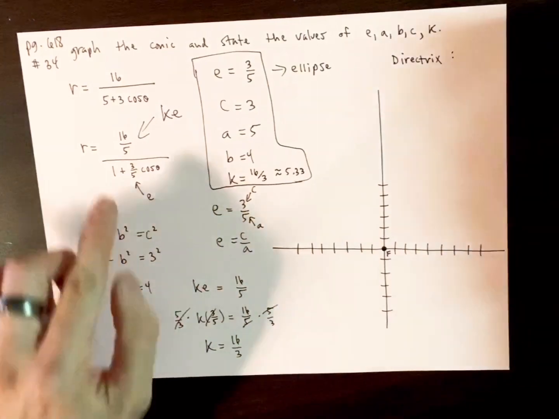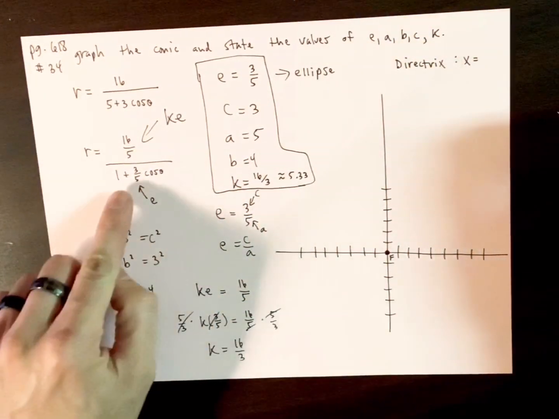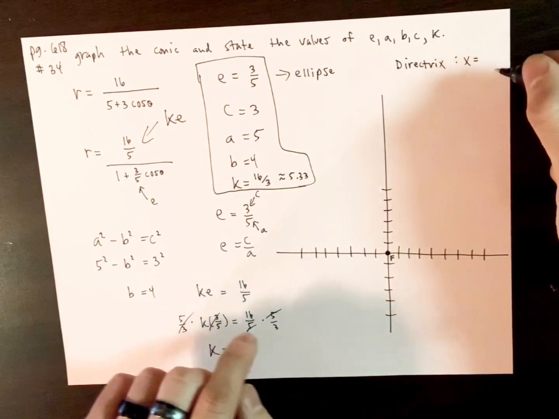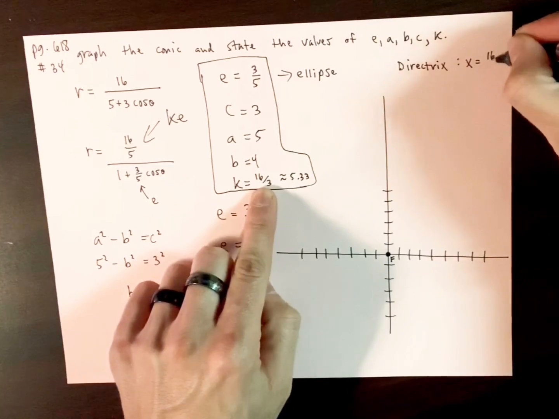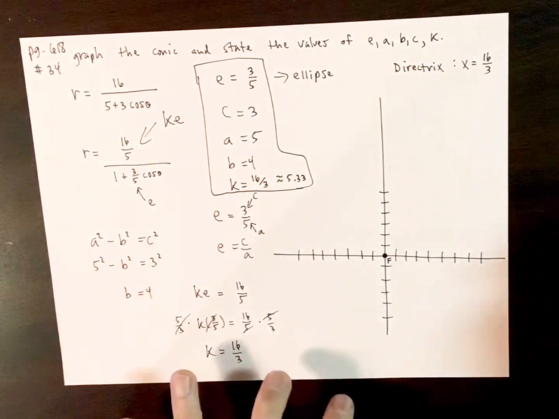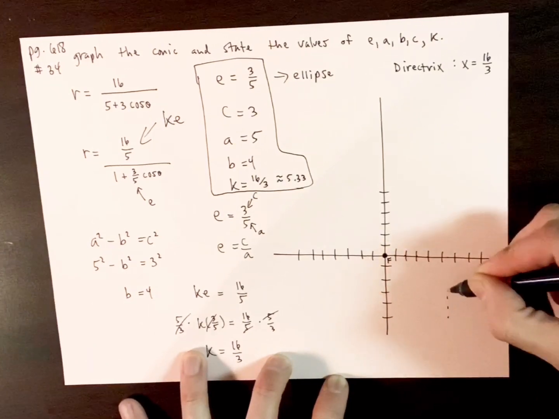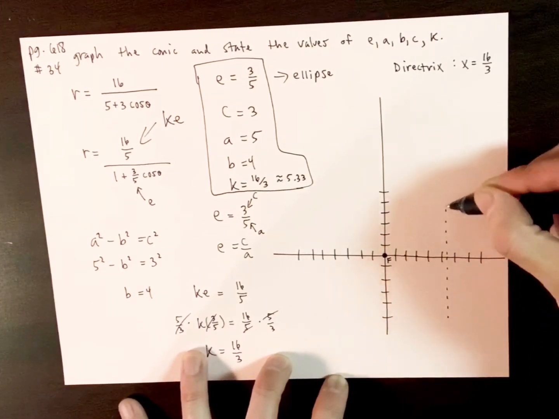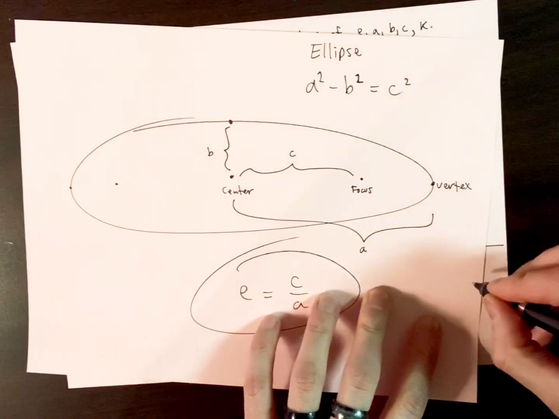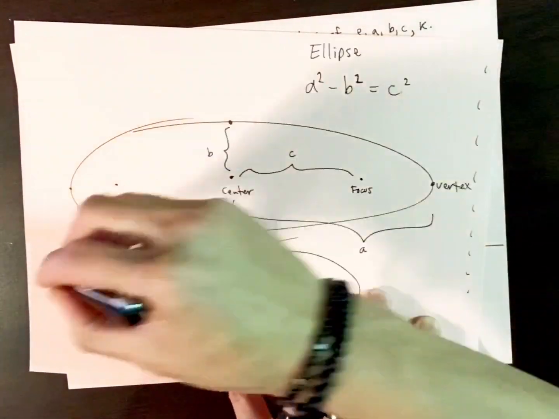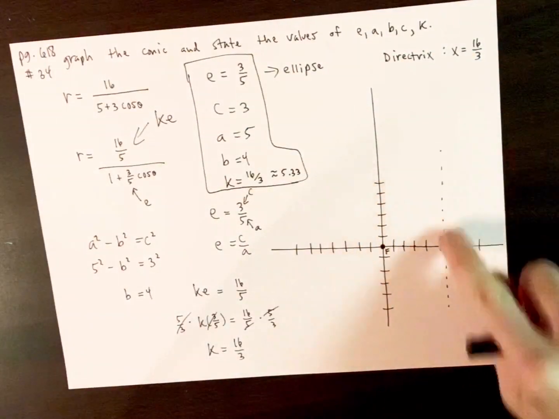Recall from the previous video that if it's cosine, you have X. And if it's positive, it's positive. And then the directrix is basically just K, which is 5.3333. So that's 1, 2, 3, 4, 5 and a third. So here's my directrix. Now over here, if I wanted to, back on this one, my directrix would have been right there and right there. So this one here, it's basically this wall there, okay?